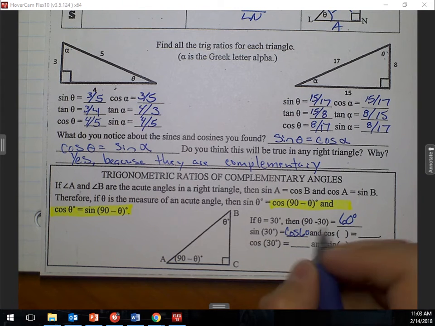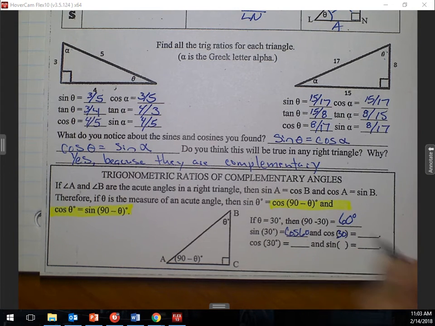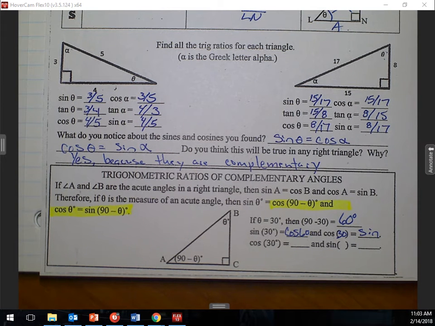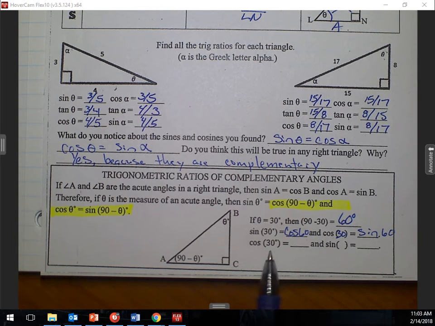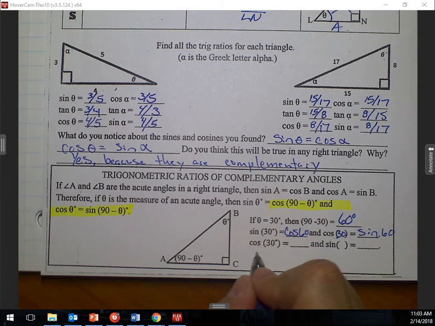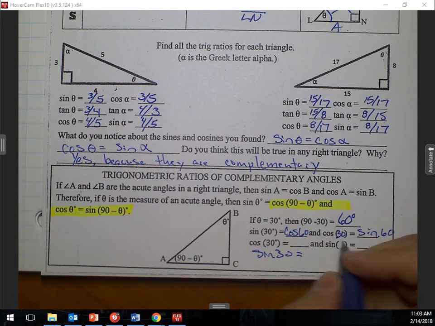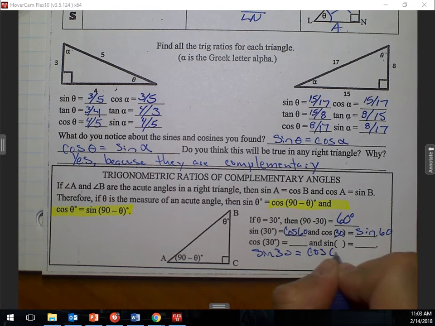And vice versa: cosine of 30 is equal to sine of 90 minus 30, which would be 60. All I'm trying to get at is the fact that sine of 30 equals cosine of 60.